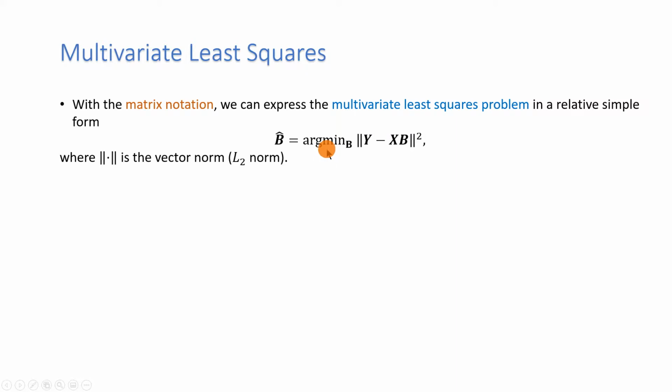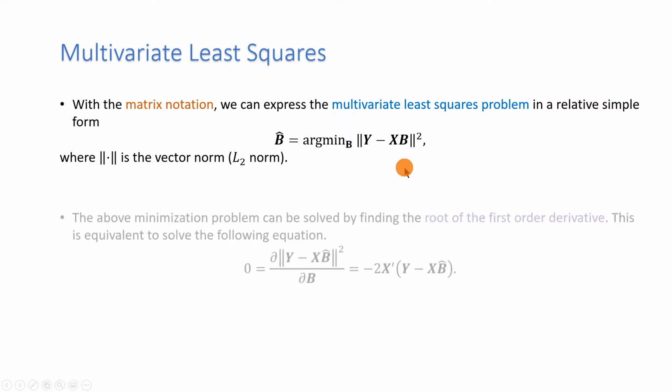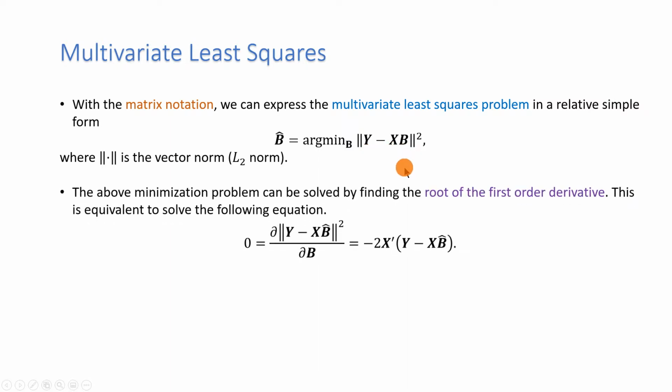And this argmin sign here just indicates you want to find the B such that this L2 norm is as small as possible, okay? And the above minimization problem can be solved by finding the root of the first order derivative of this L2 norm, right?